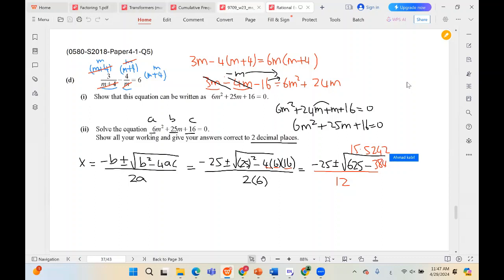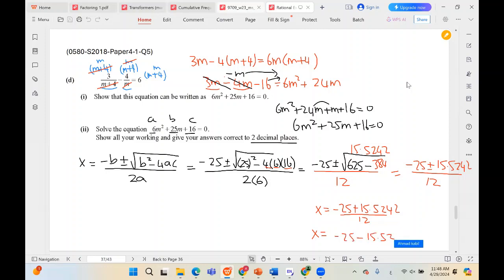And then we have negative 25 plus or minus 15.5242 divided by 12. We have two possibilities here. So either x is equal to negative 25 plus 15.5242 over 12, or negative 25 minus 15.5242 over 12.